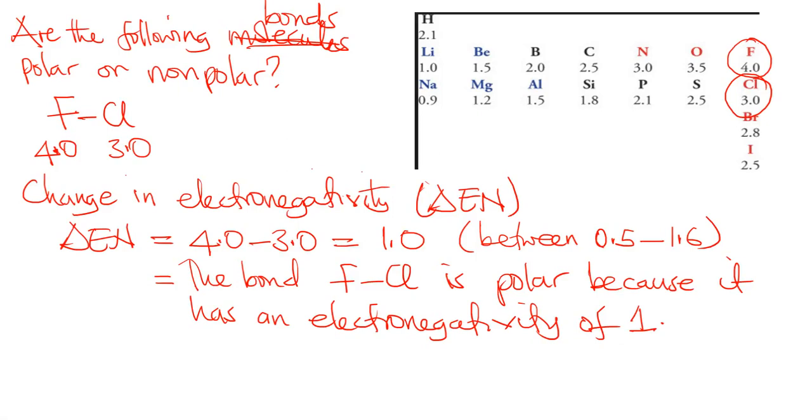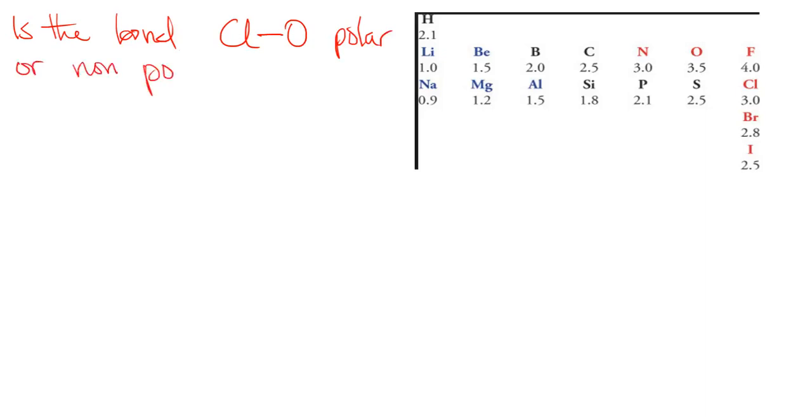Let's look at another example. Is the bond ClO polar or non-polar? So what we are going to do is the same thing. We'll put Cl here and O here.